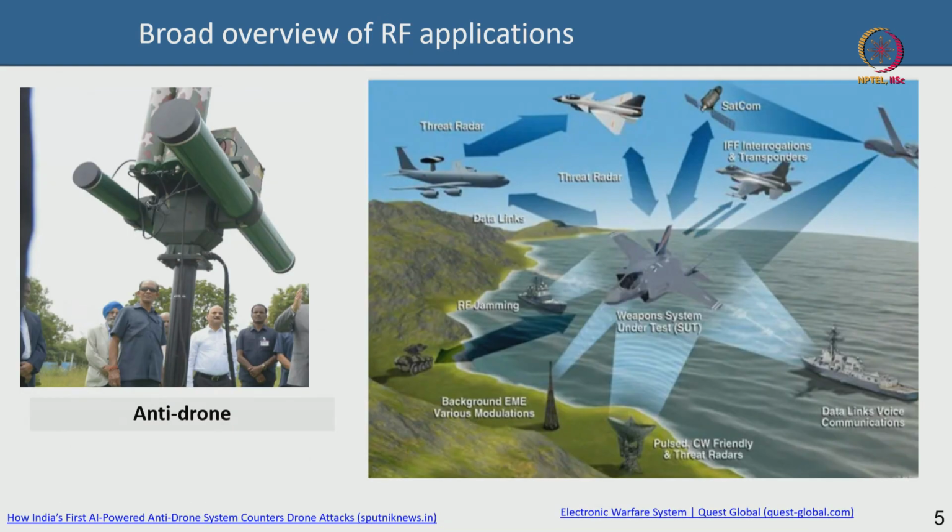So if I come to electronic warfare, radar is only one aspect of it. This is an anti-drone system, for instance, that was inaugurated by a company in India. There can be many electronic warfare technologies like detection and jamming; so many electronic warfare techniques and technologies depend on RF applications, okay.